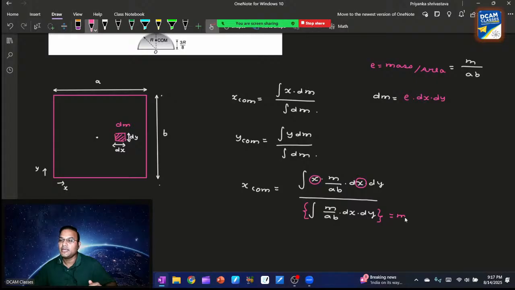So need not integrate. In every case, I can write this M, because why to put burden? We can just put the value because it represents total mass. Now, when we are finding x center of mass, the thing that is changing is x.